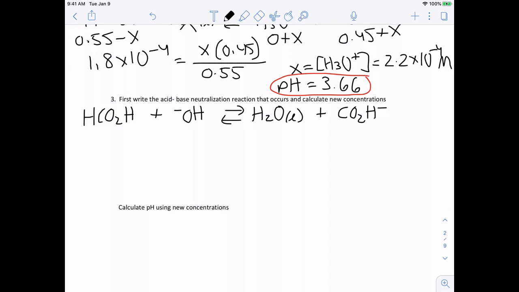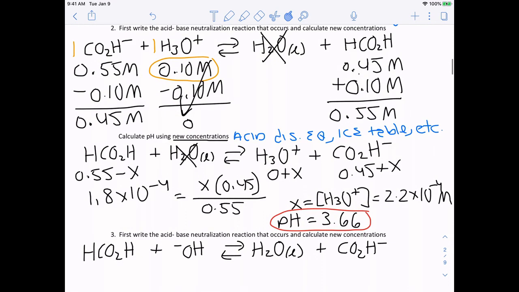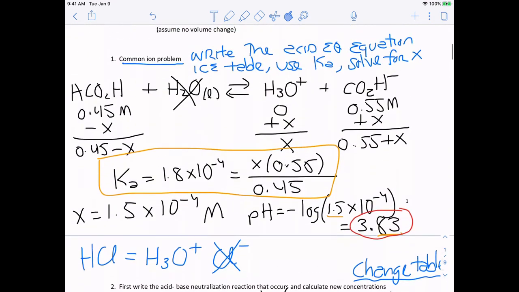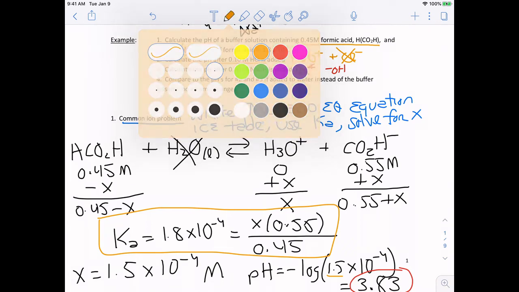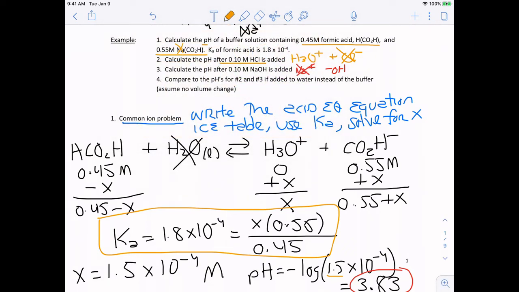My initial concentrations for these are just going to come right from the original problem. Try not to make you guys dizzy here with all this scrolling, but I'm going to go back up. So it's still the 0.45 for formic acid, 0.55 for formate, and then 0.1 molar for my hydroxide.